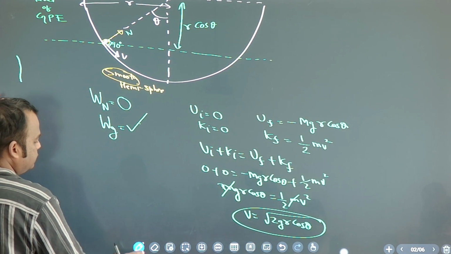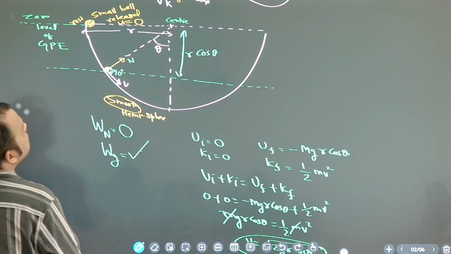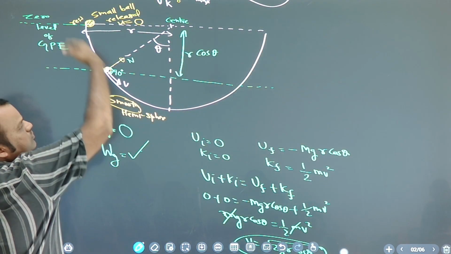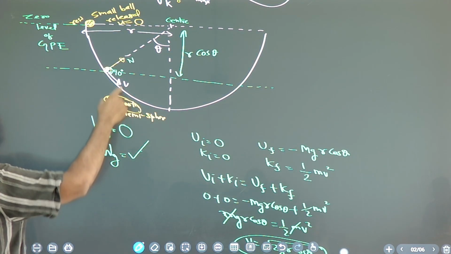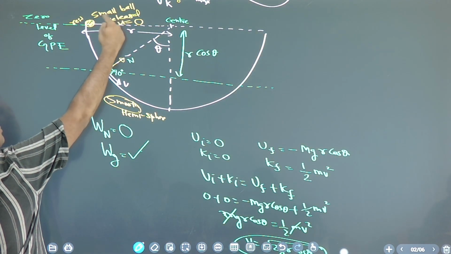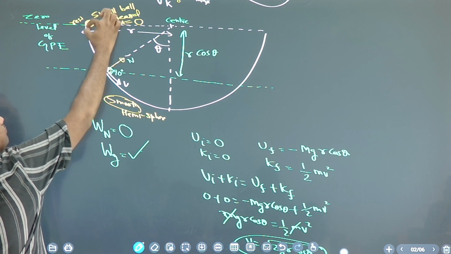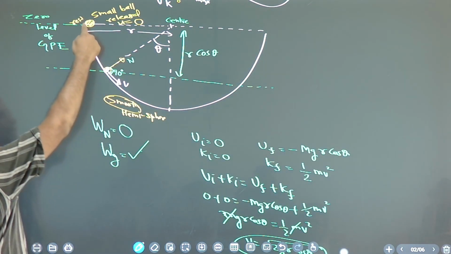So it is a hemisphere. What type of hemisphere? Smooth. Now the ball is there, released from rest. So the ball will slide. Is the speed increasing or decreasing?